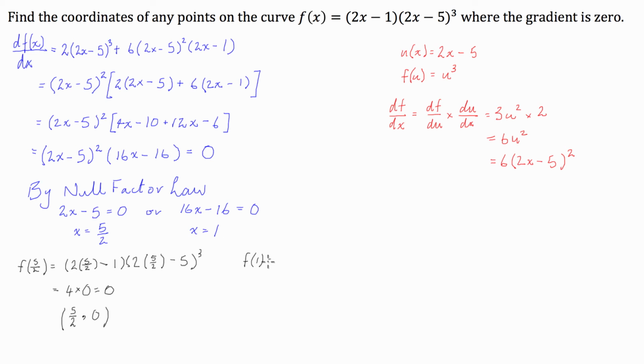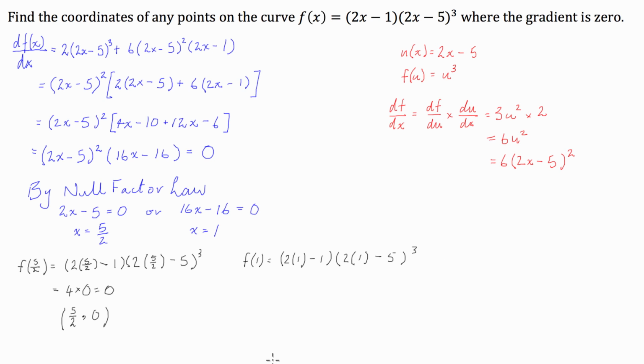So what we have here is 2 times 1 minus 1 multiplied by 2 times 1 minus 5, all cubed.